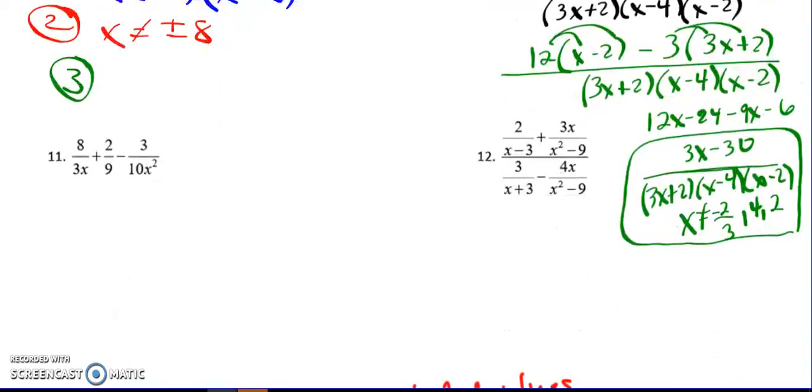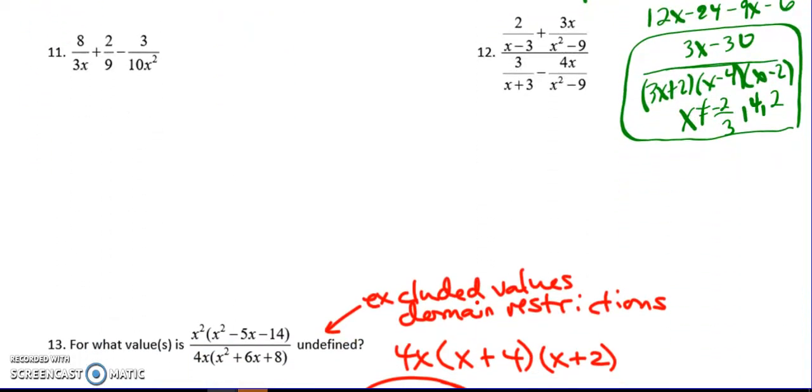Space-wise for 11, here we go. So for 11, my denominator, let's see, we've got 3x, 9, 10, and 10x squared. So x squared is my largest x. So that's going to be my common x. In terms of 9, 10, 3, if we multiply that, I think 90 is the smallest we can do where it's common.